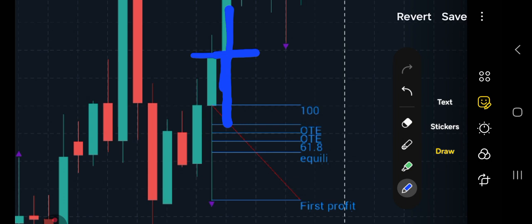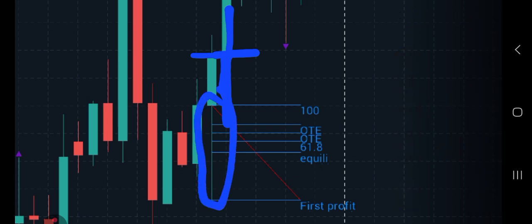Okay, yeah. So if you are trying to mark your high time frame, one of the things you need to look at is how to mark out these long wicks that the market has left.